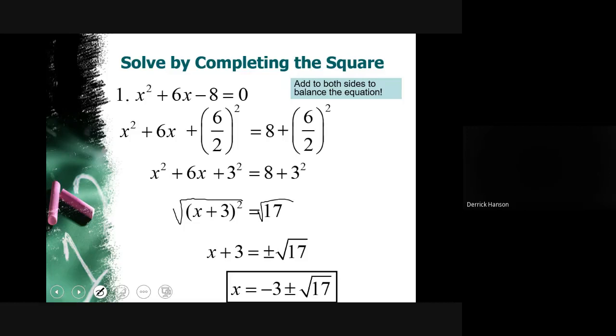Technically, you are still correct either way, but you will never find a math teacher that will appreciate you writing the radical first. It is best to just get into good habits, and good habits would be to write it like that. -3 plus or minus the square root of 17. Any questions on that one?